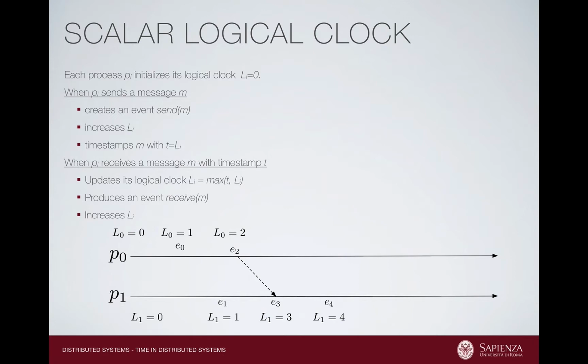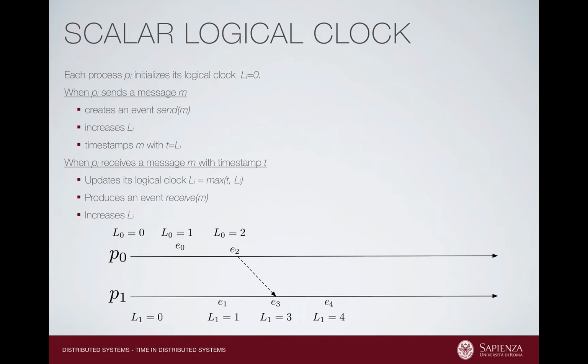Then you send the message. So in this case, P0 starts with 0. Then we have event E0, in which P0 sends something to a process outside these two. It increases the timestamp by 1, timestamps event E0 with this timestamp, and then sends the message.